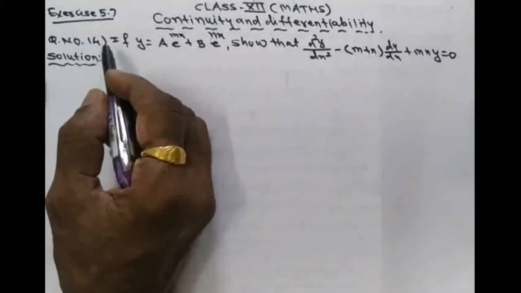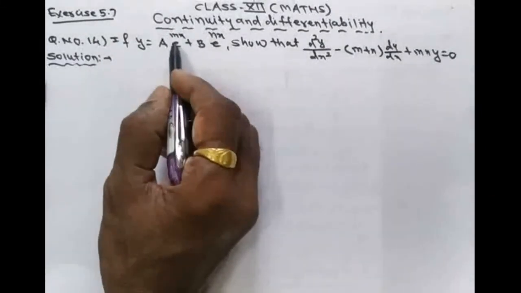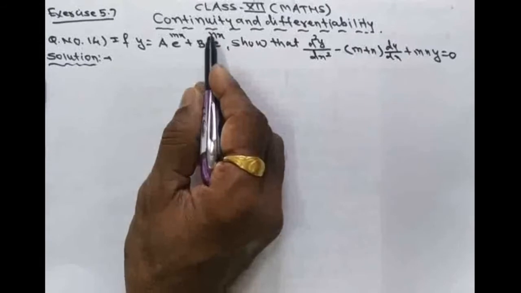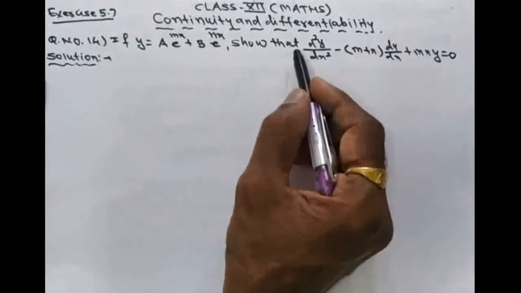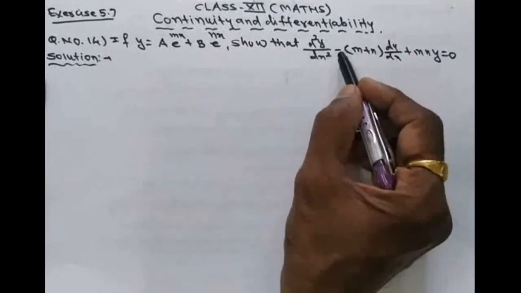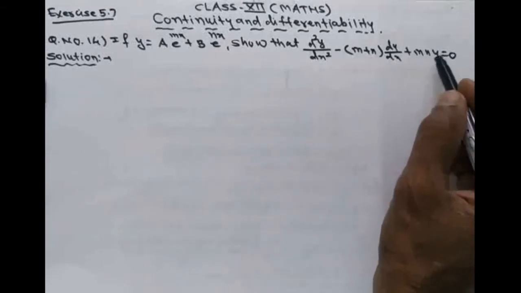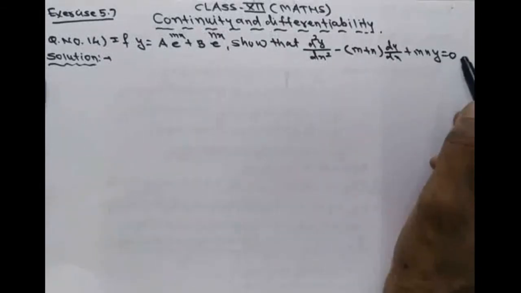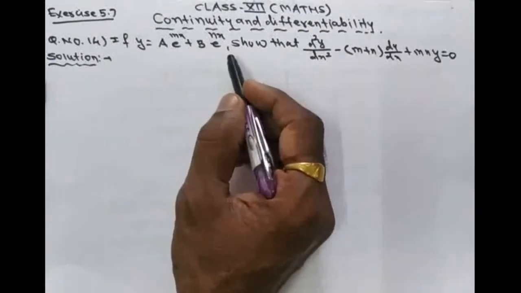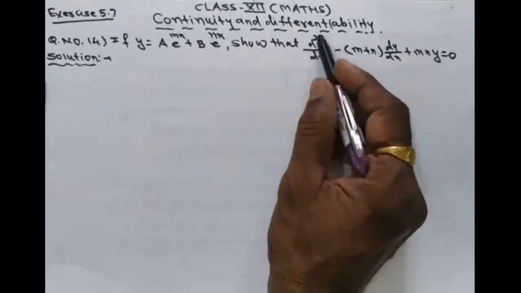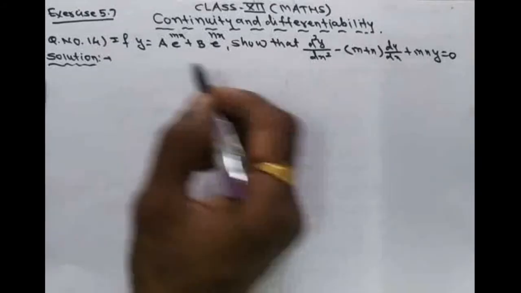Okay student, now next question. Exercise 5.7. Question number 14. If y equals a into e raised to mx plus b into e raised to nx, then show that d square y by dx square minus in bracket m plus n into dy by dx plus mn into y equals 0, and this is given. Here you want the double derivative and single derivative of this y.